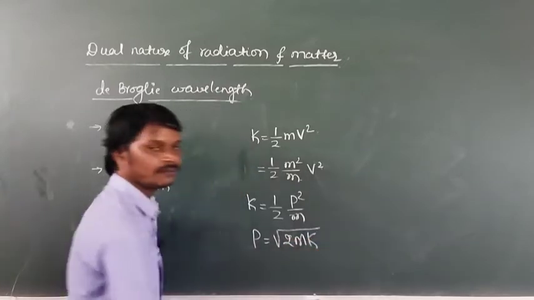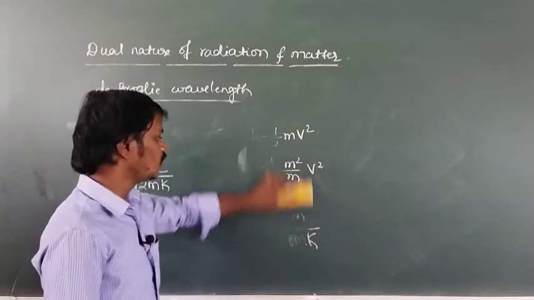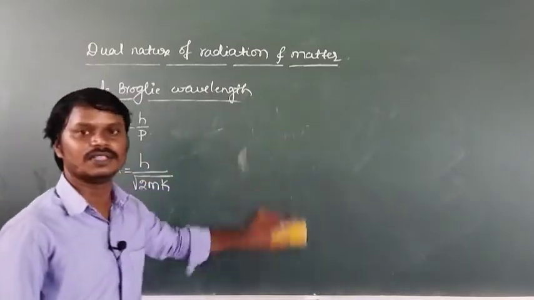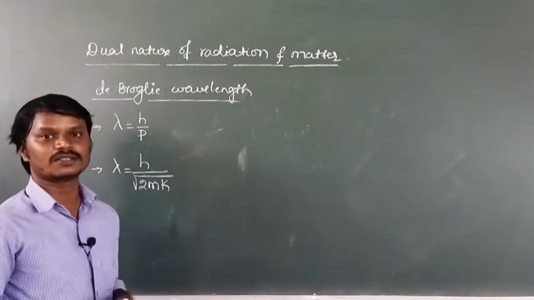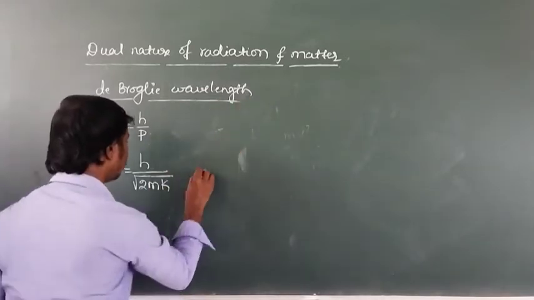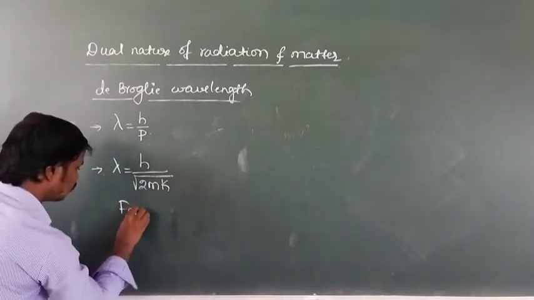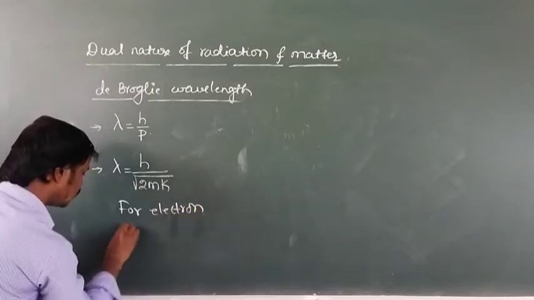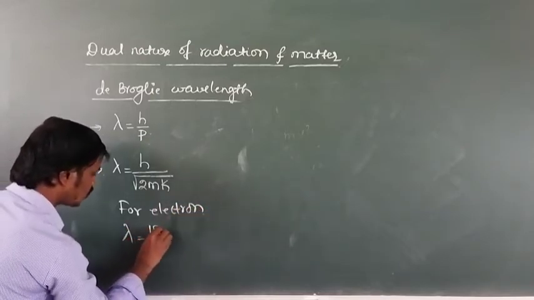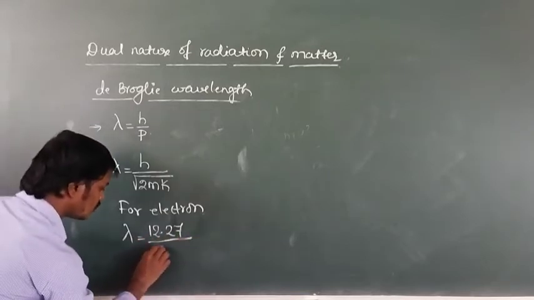Now, de Broglie wavelength of the moving electron. If the kinetic energy of the moving electron is given, then how to write that? For electron, lambda is equal to 12.27 divided by square root of k.